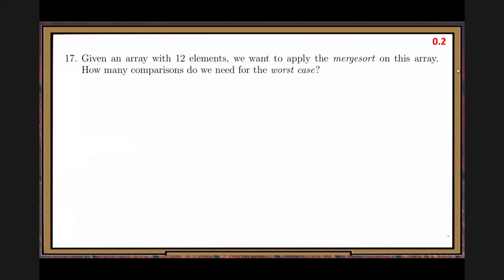Now, for our question number 17, I still use n equals 10 to show you. But this time, the worst case formula, m plus n minus 1. Every time when we merge, we use this formula.